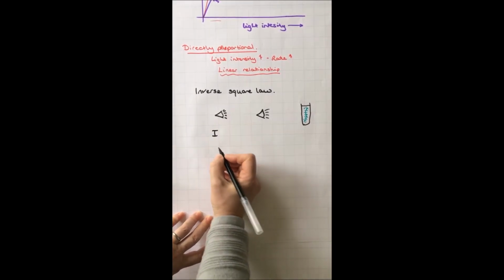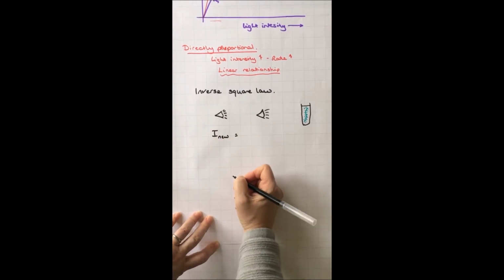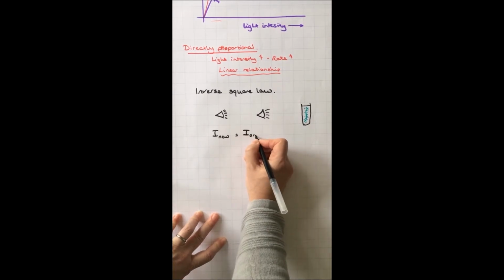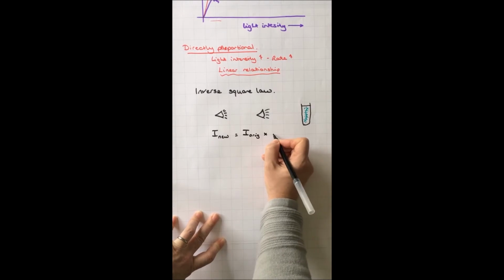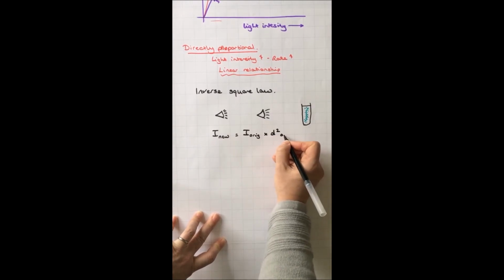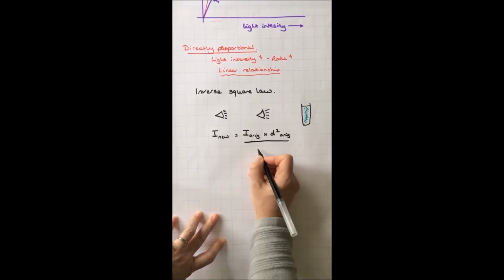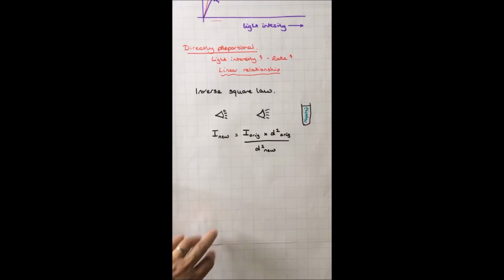So the intensity I of the new position equals the intensity of the original position times the distance squared of the original position divided by the distance squared of the new position. Okay, so let's have an example of using this equation.